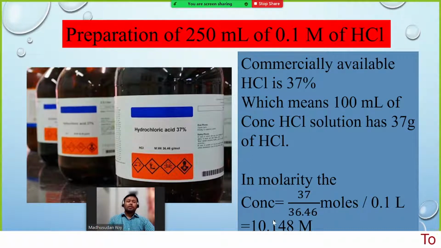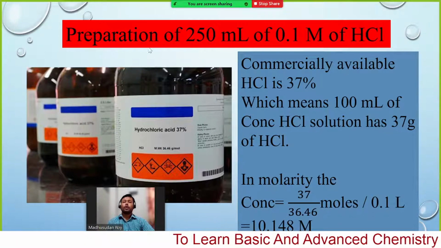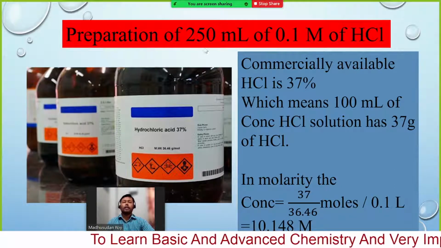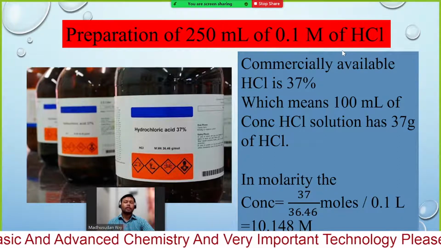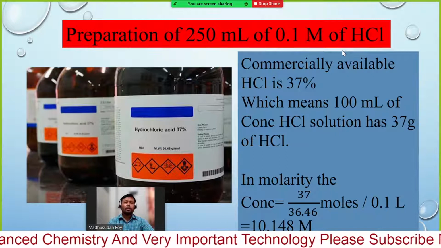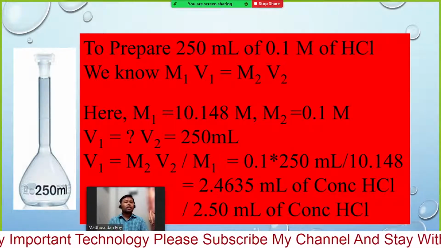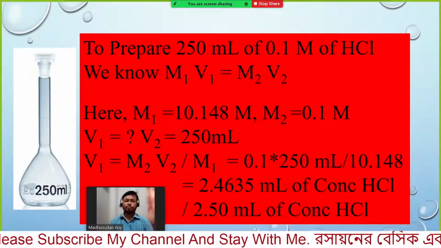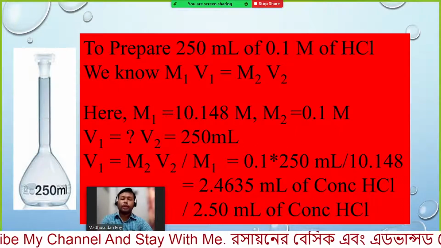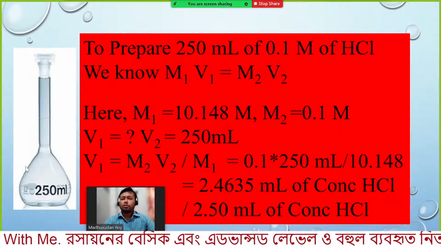Now you have to use this 10.148 molar solution to prepare 250 ml of 0.1 molar hydrochloric acid solution. That means you need to dilute it. For dilution, you are very familiar with the formula M1V1 equals M2V2.